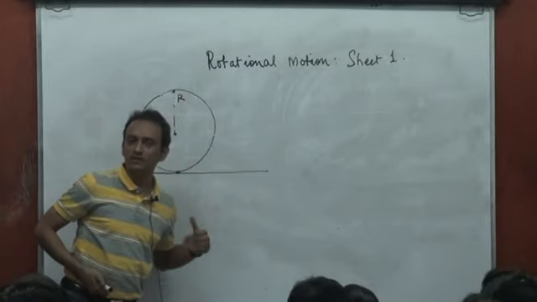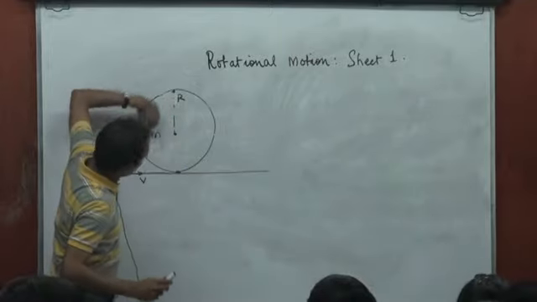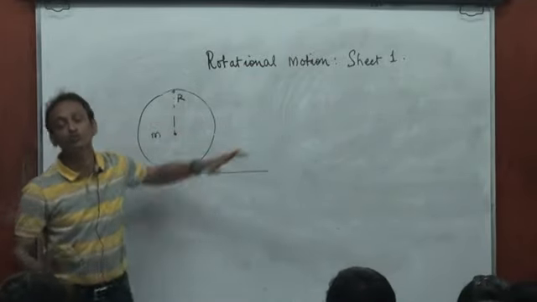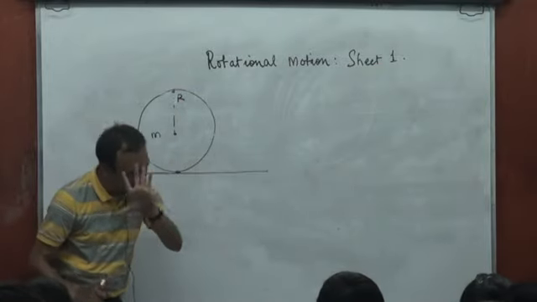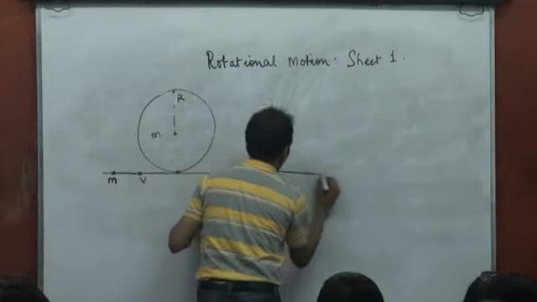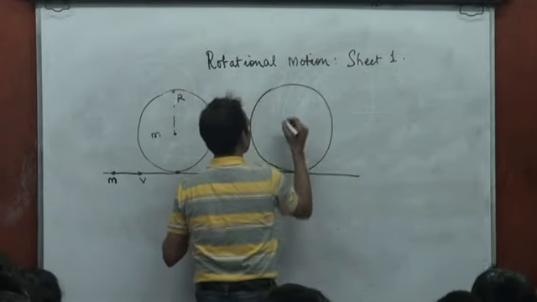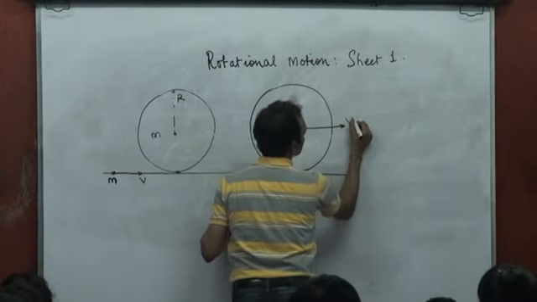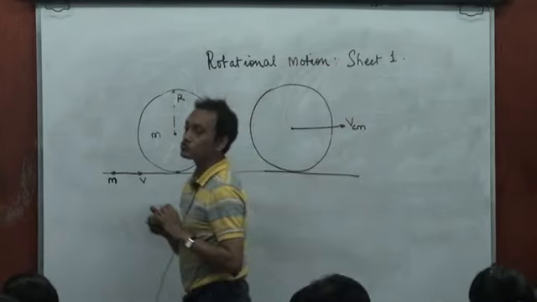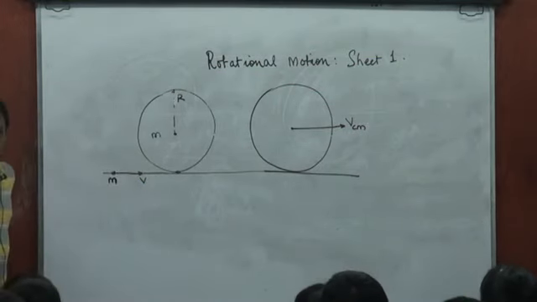So one effect because of this impact is that the center of mass of the hoop alone will have a rightward velocity. That's one effect. Okay. That means right after impact, velocity of the center of mass is VCM. Yes or no?